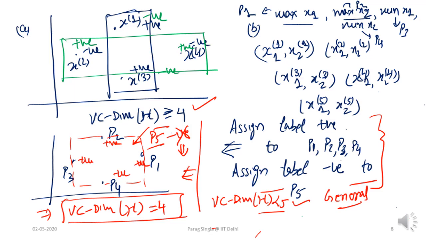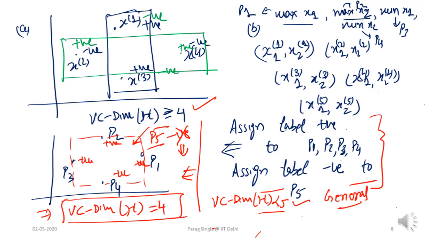You write a positive label to the 4 points that you picked and assign a negative label to the fifth point, or if there is more than 1 point remaining because of overlap, you assign a negative label to any one of those points. And this particular labeling cannot be achieved where these 4 points which are picked are assigned a positive label, and the remaining point is assigned a negative label.